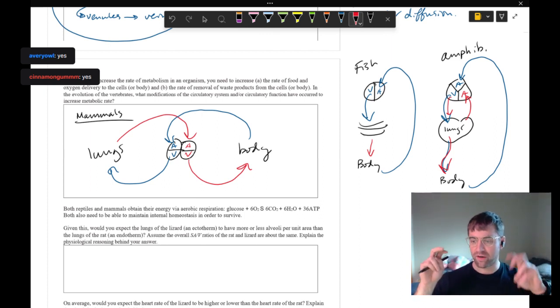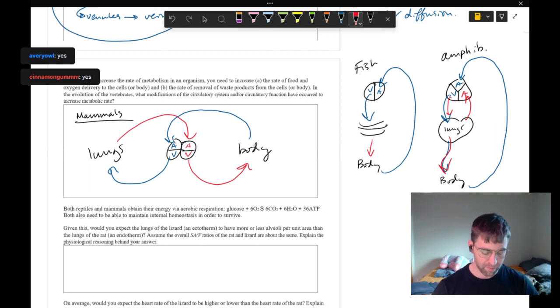Because we have these two hearts with these four chambers, two atria, two ventricles, we get this cyclical figure eight kind of movement of blood throughout the body, which is very efficient at moving oxygen and other sources of fuel to the tissues where it needs to go, and similarly moving CO2 and other waste products out.